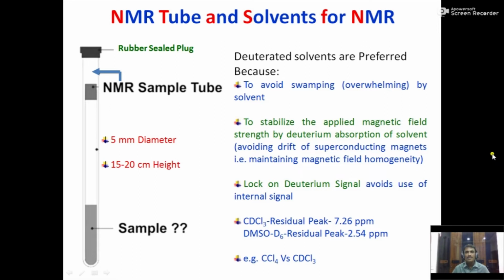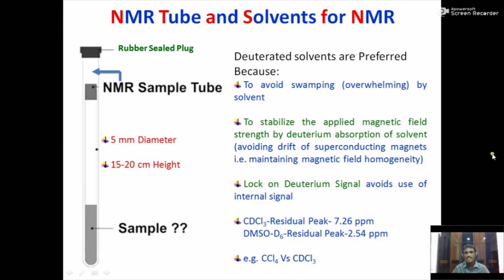But instead of CCl4, we generally prefer deuterated solvents. If we are not using a deuterated solvent, if we use the solvent as such without replacing the hydrogens of the solvent by deuterium, then we will get an overwhelming peak of the solvent.